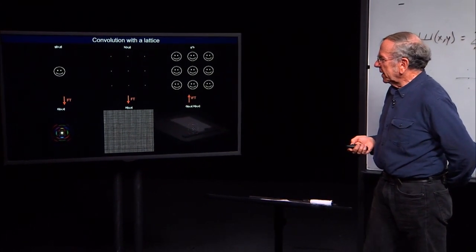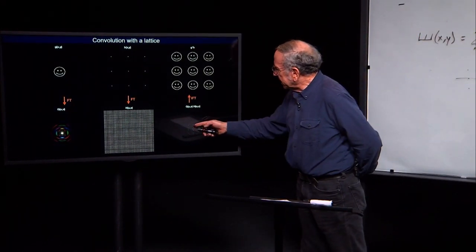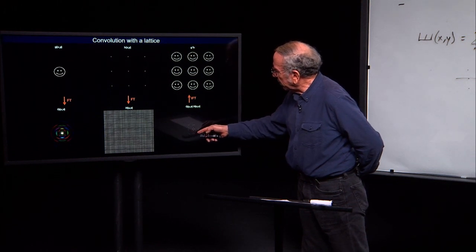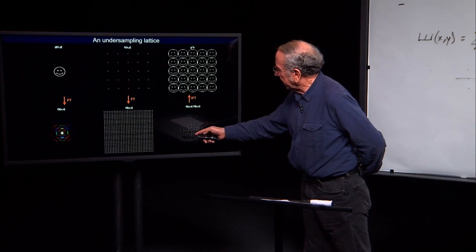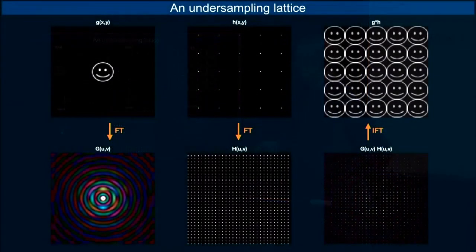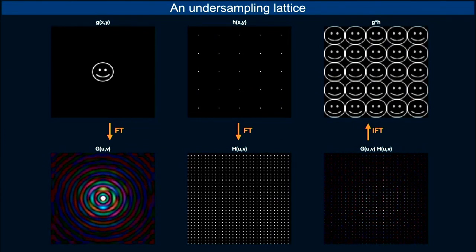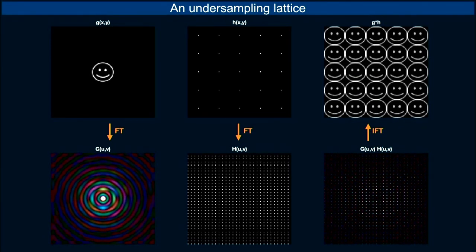So here's what happens if I decide that I'm going to sample my Fourier transform more sparsely. This is a sparser sampling in the Fourier domain. The way I got it is I used a sampling function like this in the Fourier domain, which corresponds to a smaller lattice in real space.